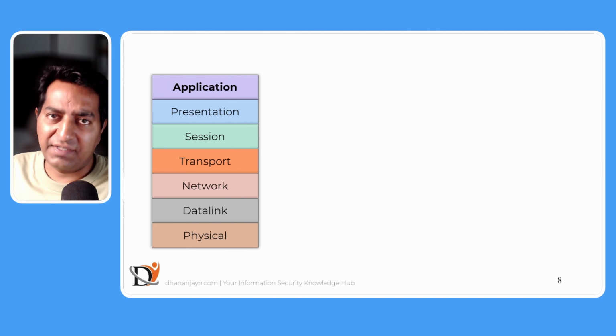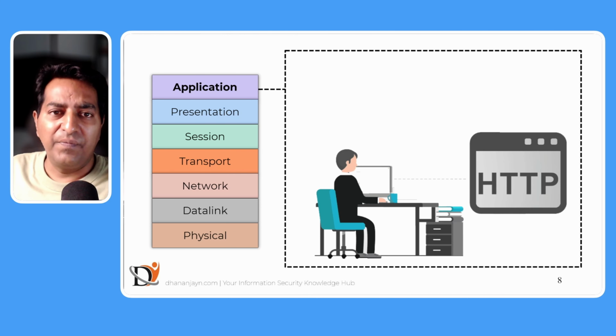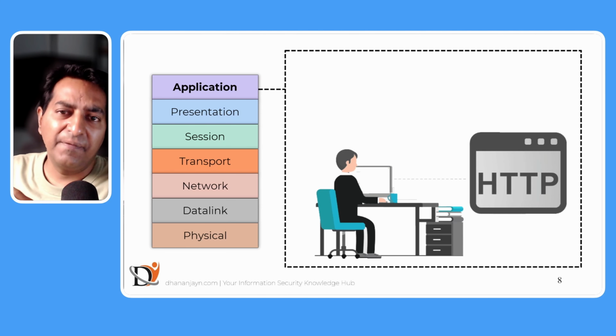So let's understand this from the applications standpoint. This is the layer that most users interact with and will recognize, right? For example, I have shown one user accessing a website using the HTTP protocol.